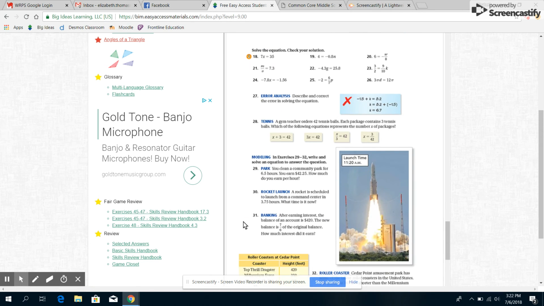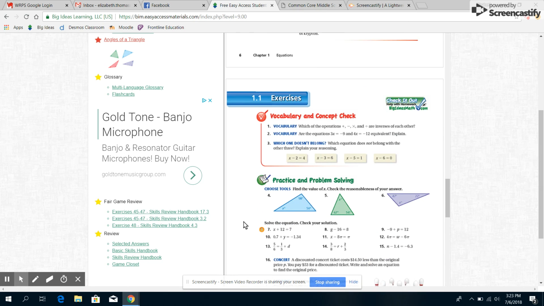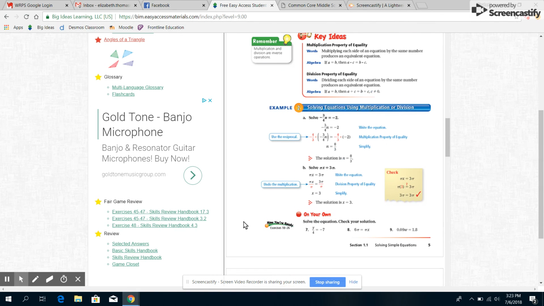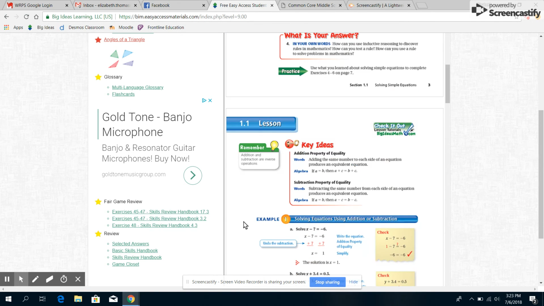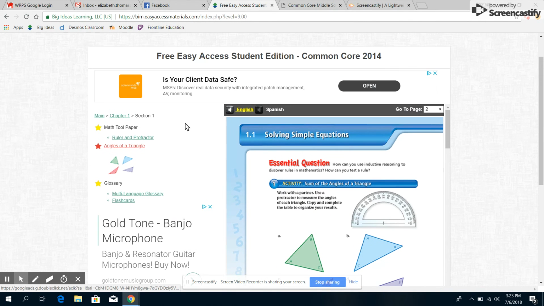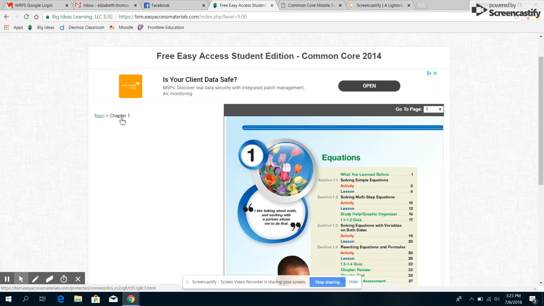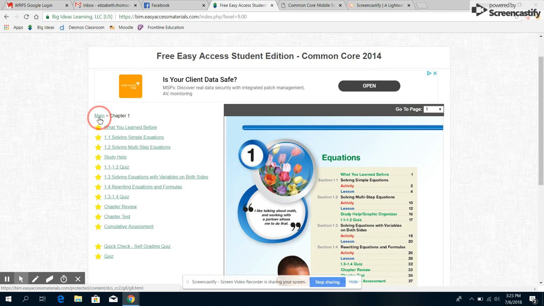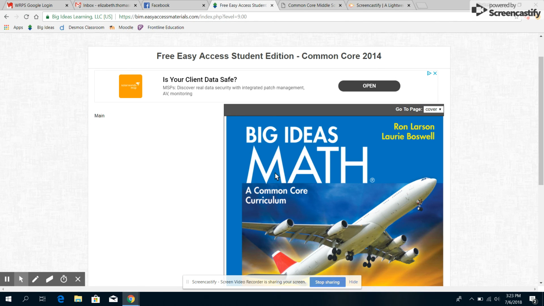So that's what I would recommend, starting with chapter 1 and working your way through at your own pace. If you have questions, feel free to contact me, but that's the plan that I think might be best for you. And then over here, you can go back to your chapter main, which brings you back to your book.